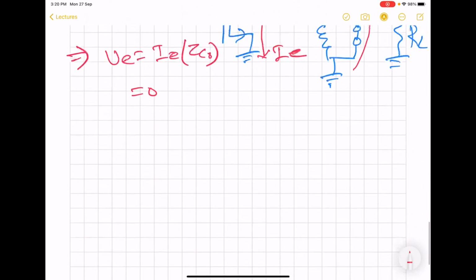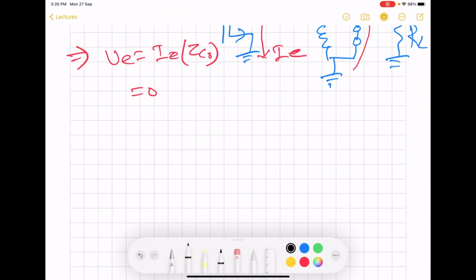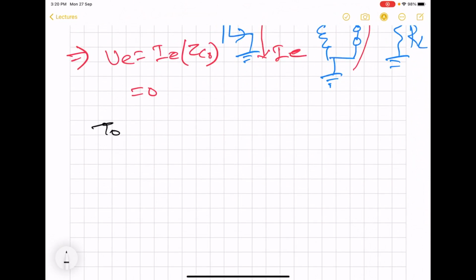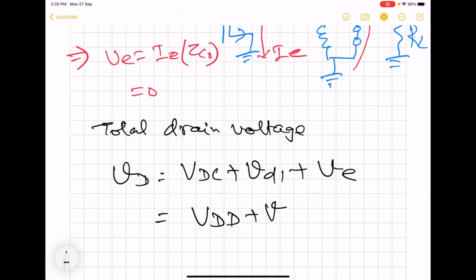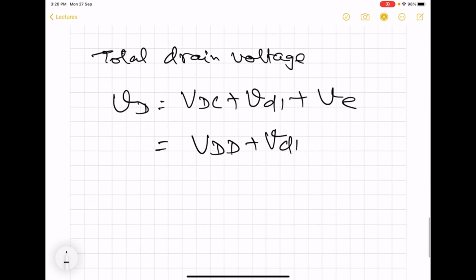So the total drain voltage is simply going to be VDD plus VD1, which is going to be VDD minus RL I1.